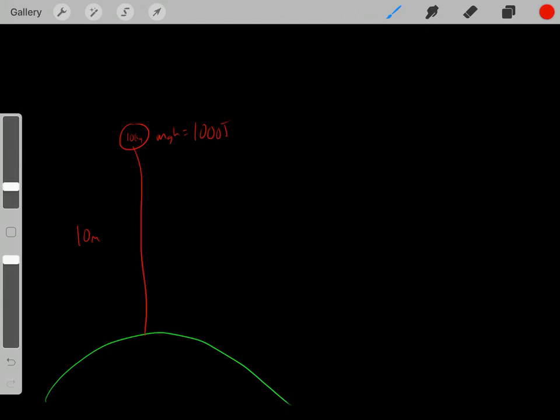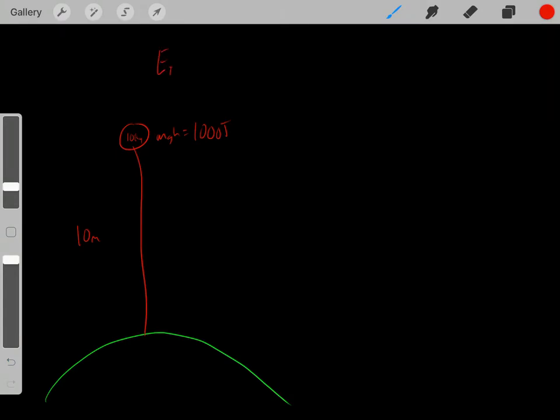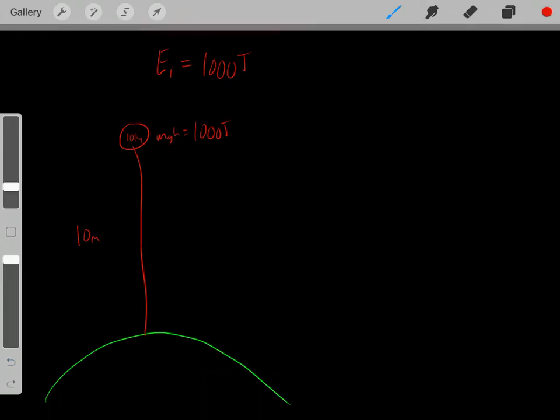If we took a snapshot picture of these initial conditions, the total initial energy was 1,000 joules, all in the form of gravitational potential energy.